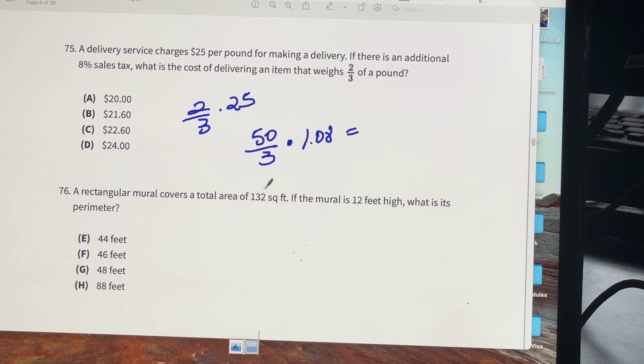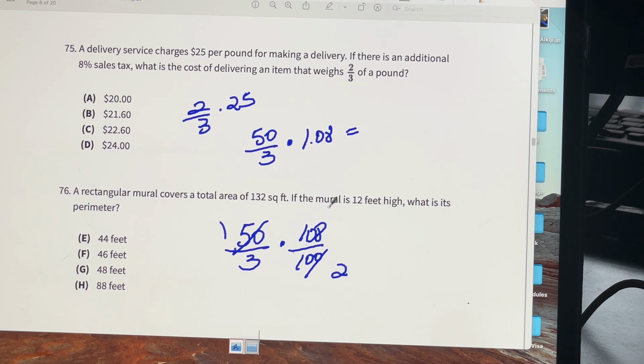So let's just do that. Is there an easier way of doing this? 50 over 3, which is 2/3 of a pound, times 108 over 100. I'm just changing that decimal to a fraction. Hopefully it can give me a better answer. 108 is divisible by 3 because the sum of the digits is a multiple of 3.